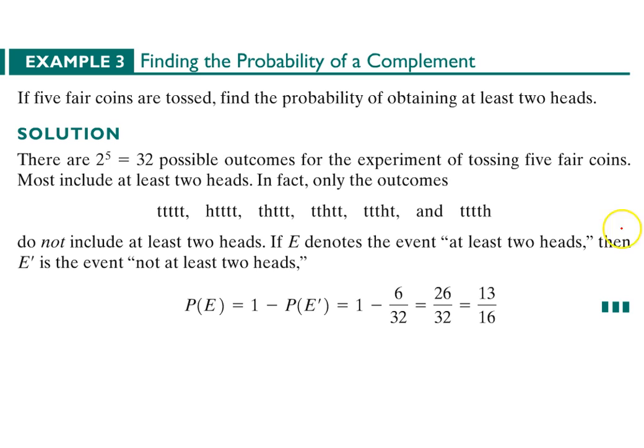So in showing the work of this, and again, you don't have this chart to illustrate all of these, this is going to be 32 out of 32. You're going to subtract the complement of this.